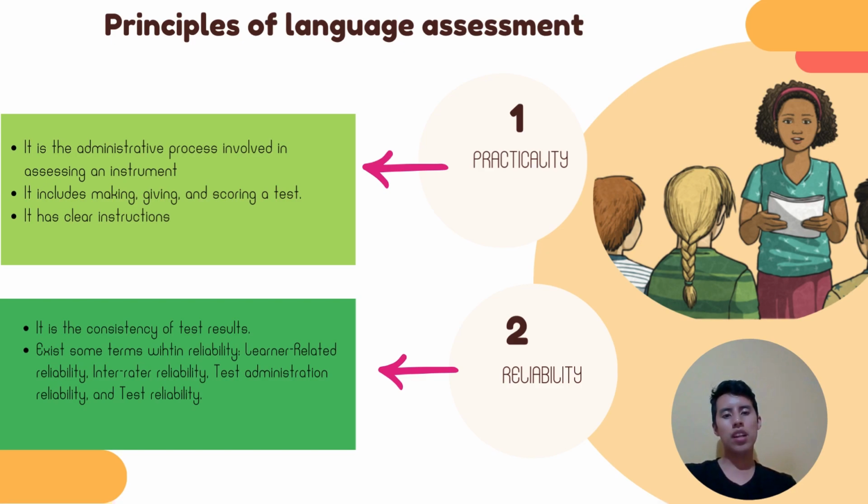Next, we have the test administration reliability that deals with the conditions of test administration. For example, the quality of the exam, the light in the classroom, and others. And next, we have the test reliability that deals with the test causing measurement errors.